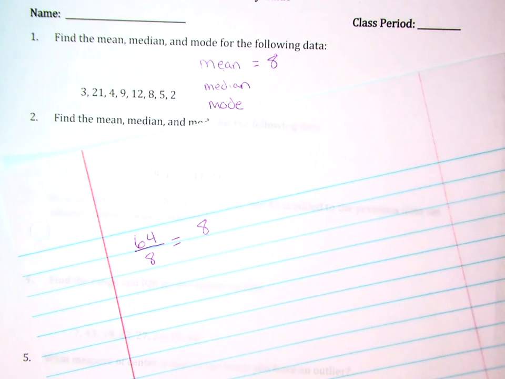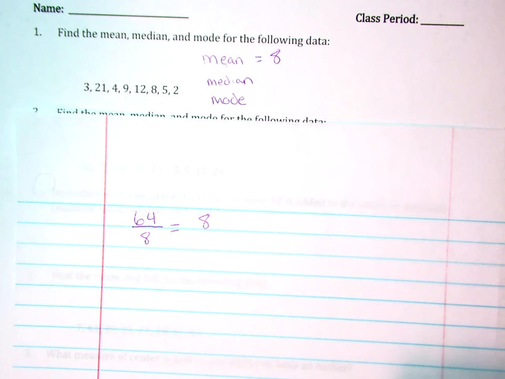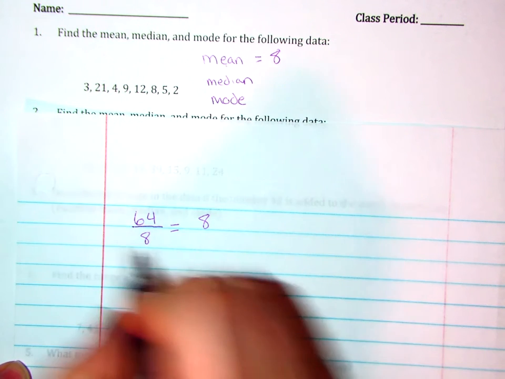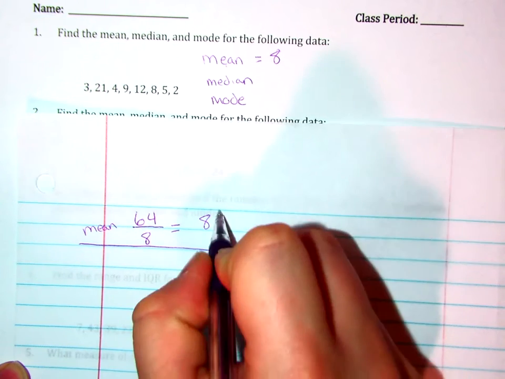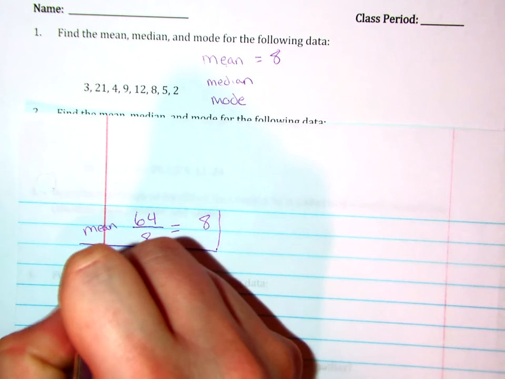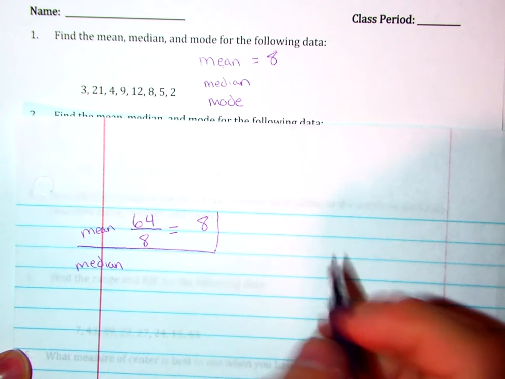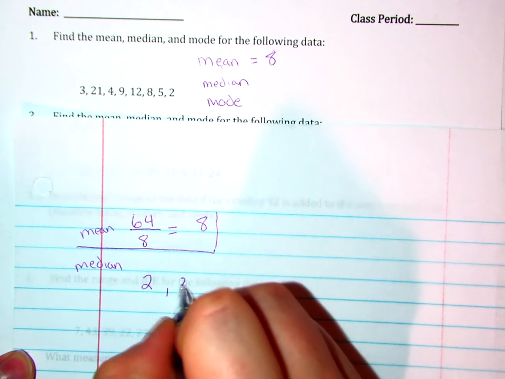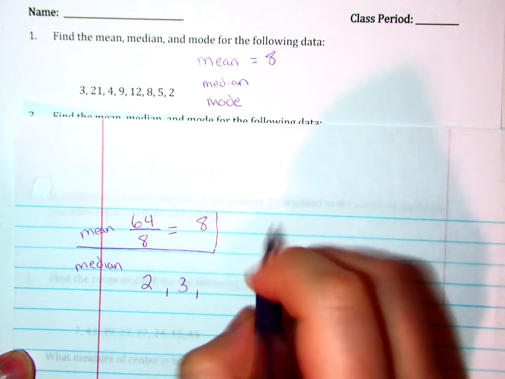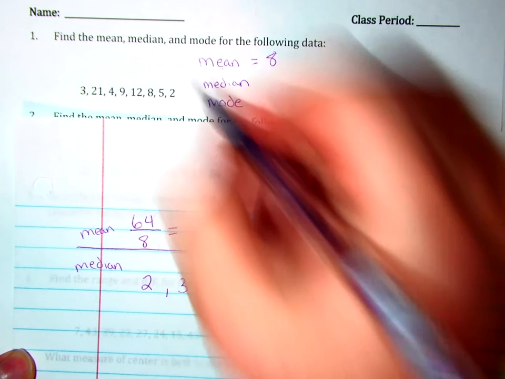The median. In order to find the median, I first need my numbers in numerical order. So I'm going to put them in numerical order very carefully. 2, 3, 4, and if you need to, do what I often do.